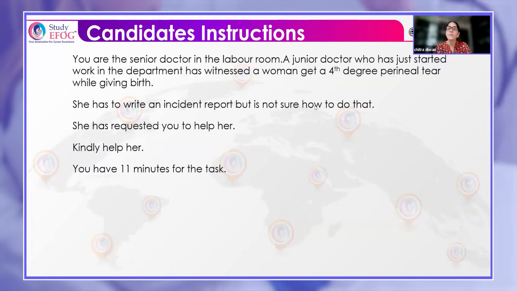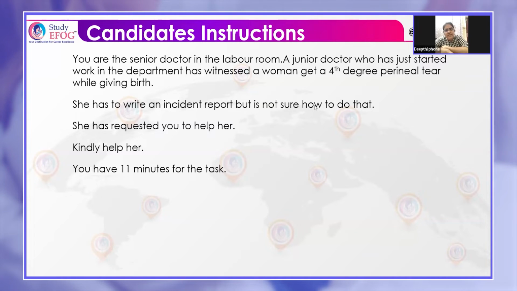After the baby was delivered, what happened? The midwife noticed that the woman had sustained a fourth degree perineal tear. This is the incident that you want to report. Am I clear to you, Dipti?